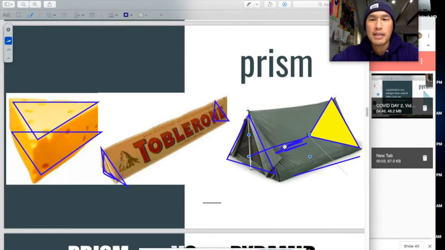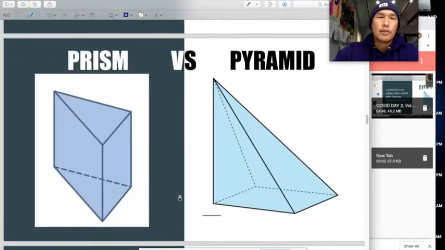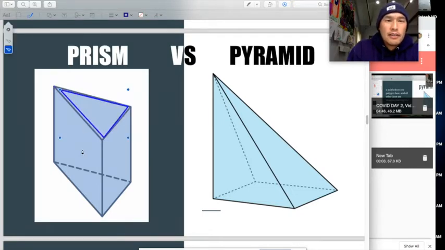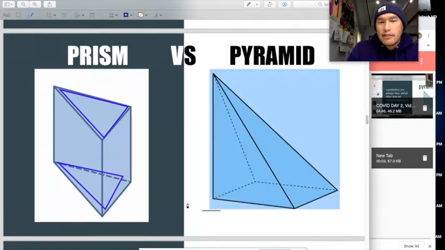So it's also sometimes helpful to look at a prism and look at something that's not a prism so you can understand the difference. So the prism is on the left. And again, you can see two triangles, one on top, right there, one on the bottom, and these are both exactly the same. Okay? Versus a pyramid on this side, and it's got a rectangular base right there.